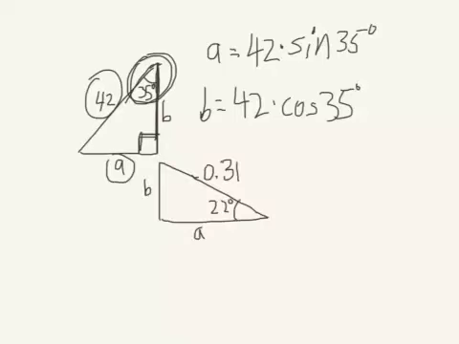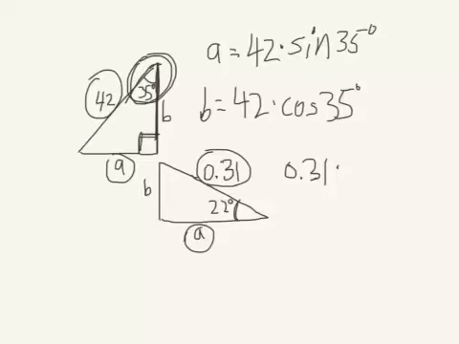Here's another example. Here we have a slightly smaller angle that we know, and the hypotenuse is pretty short, 0.31. So let's say we want to find side length A first. To do that, we know we have to take the hypotenuse and multiply it by either sine or cosine of 22 degrees. Here's how we figure out which one to pick.